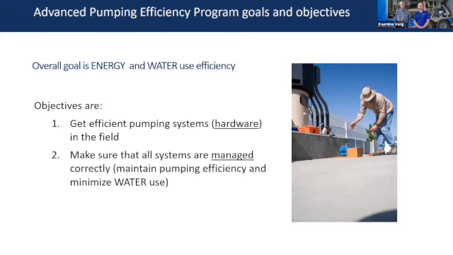Our objectives are to help farmers find and get more efficient pumping systems, especially hardware, into the field so that they can do their job to the best of their ability. The second objective is to make sure we're managing and utilizing these systems efficiently so that we can maintain that energy and water use efficiency.